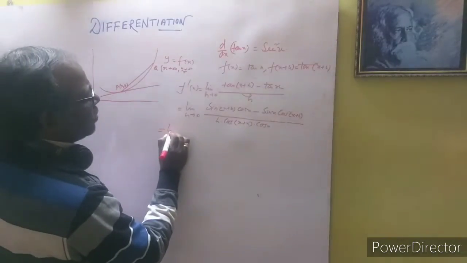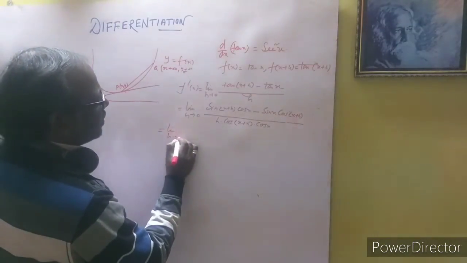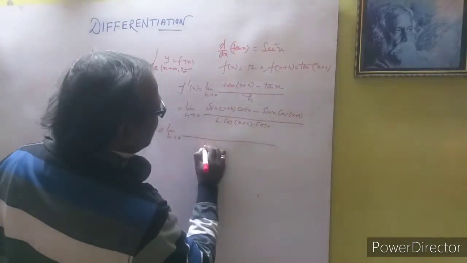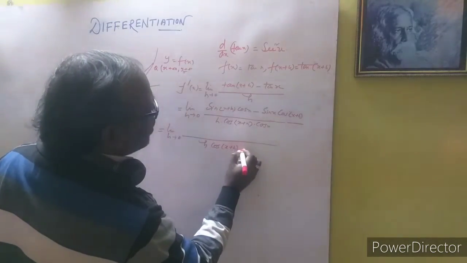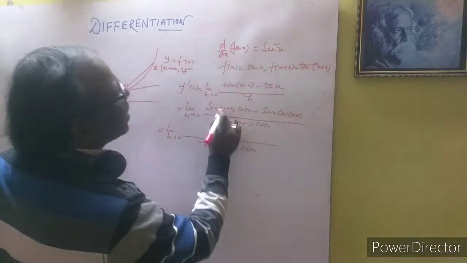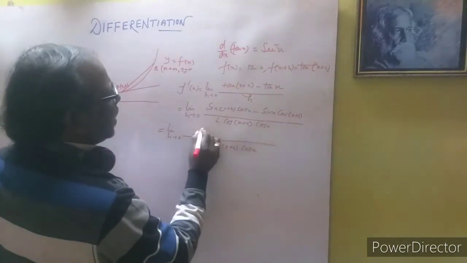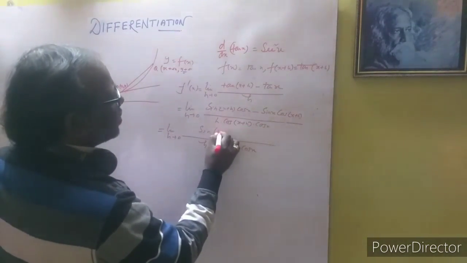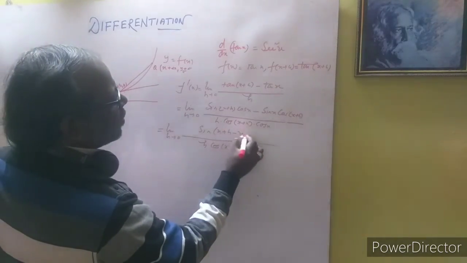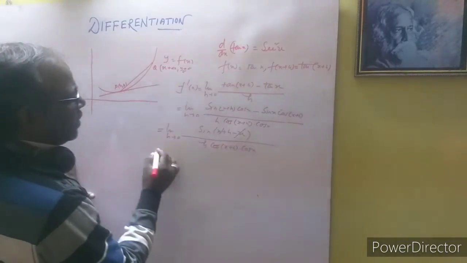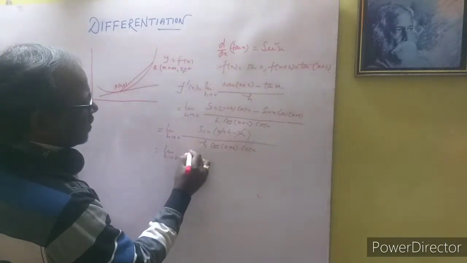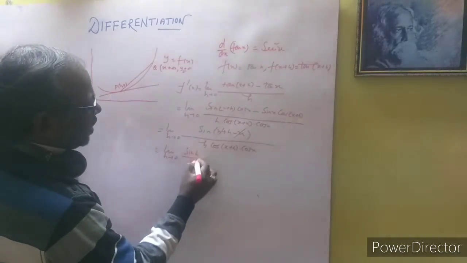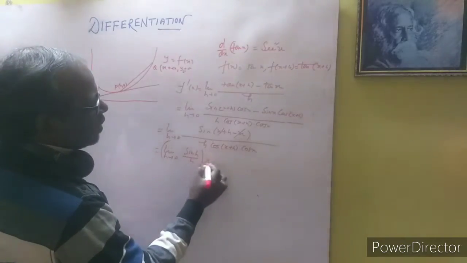This equals limit h tends to 0 of that, over h cos(x plus h) into cos x. Using sin a cos b minus cos a sin b, this is sin of (x plus h minus x). The x and x cancel, so this is limit h tends to 0 of sin h by h, which will be 1.